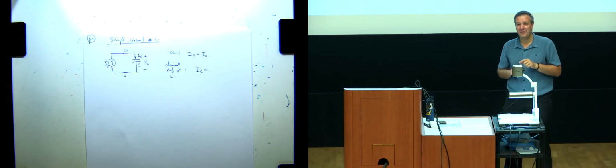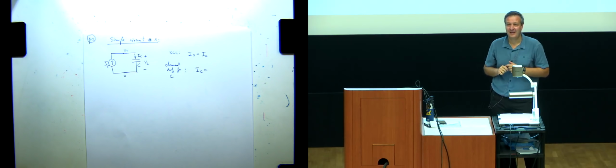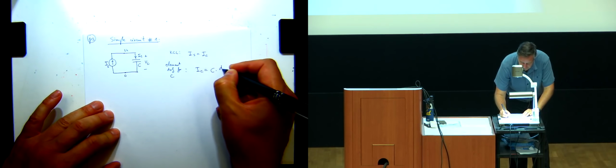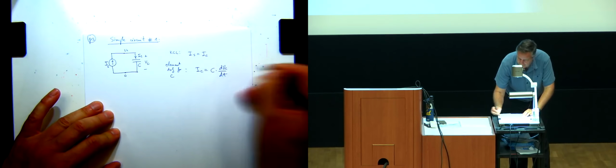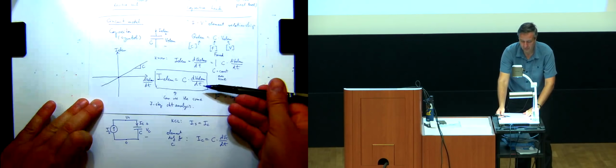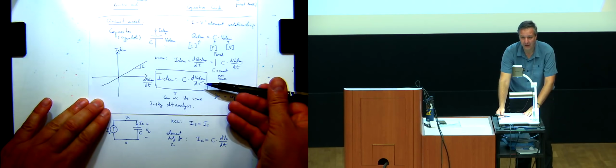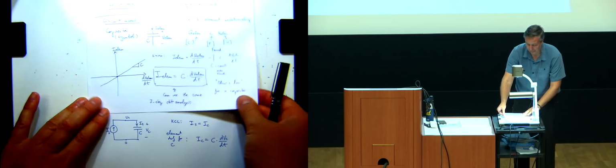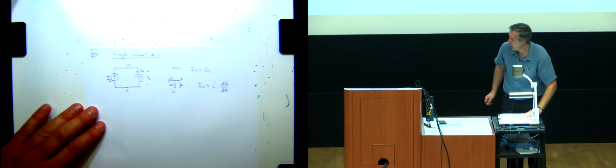C times dVC dt. Notice this is exactly the same thing we just did here. We're just defining the element. This is the equation that we're applying.